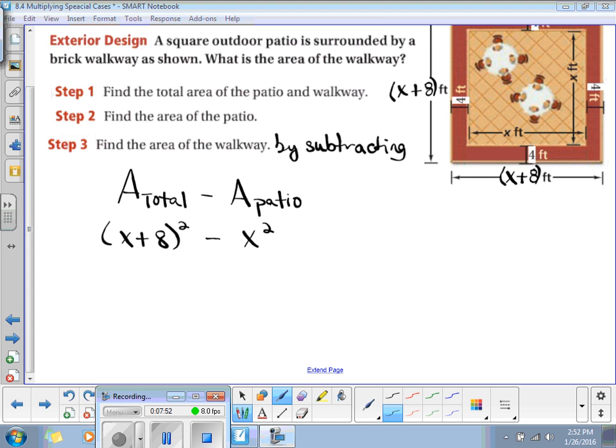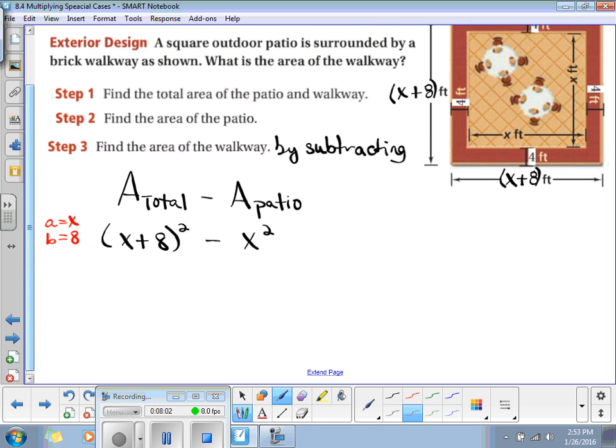So now we're going to put it into our formula. And on this binomial, a is equal to x, and b is equal to 8, right? So, we've got a squared, which is x squared, plus 2ab, plus 2 times a times b, okay?